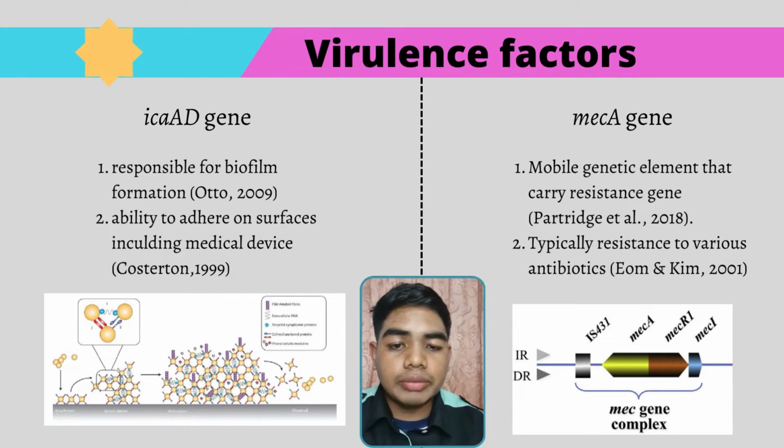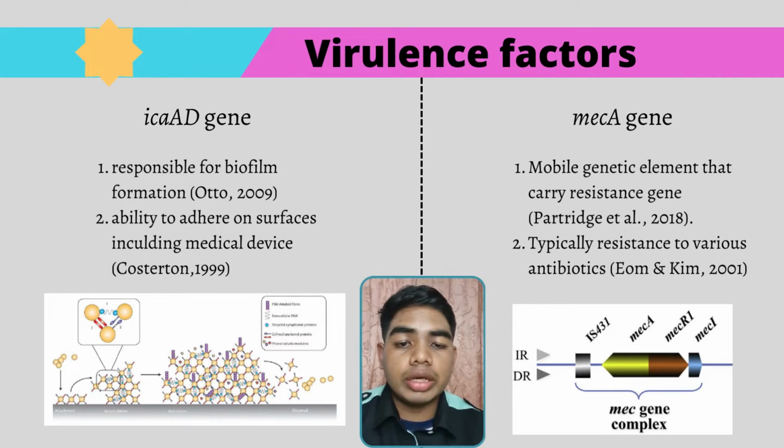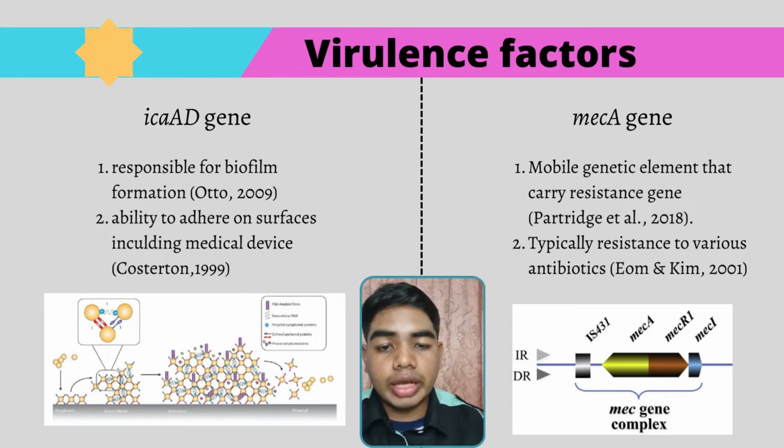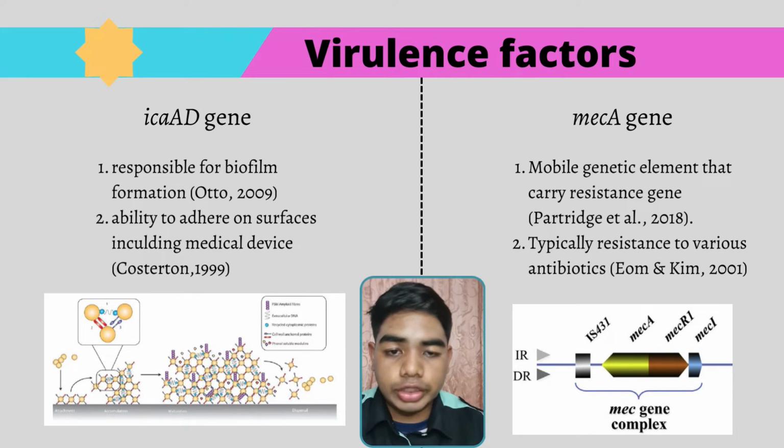There are a few steps in biofilm formation. Number one is the attachment to the surface on biomaterials. Next is the accumulation phase, in which it grows and forms multicellular aggregates with the help of the polysaccharide intercellular adhesin (PIA) that can increase intercellular adhesion.